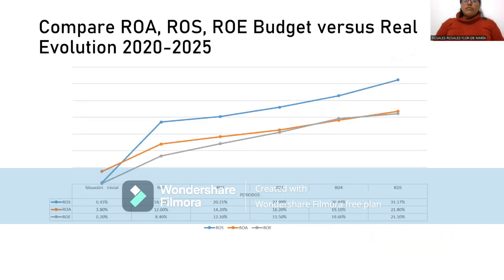Comparing ROS and ROE, budget versus real evolutions 2020-2025. Initial situation ROS 0.43%, ROE 3.18%, 0.20%.